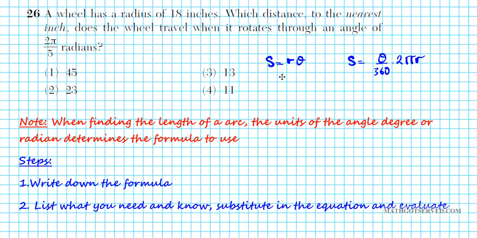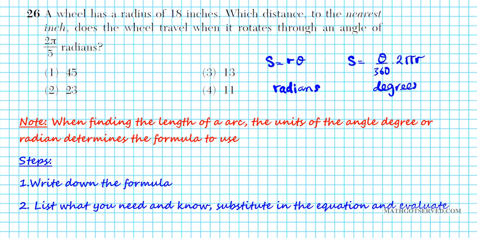All right, this one right here, S is equal to r theta, this is the radian formula. If your angular measure is in radians, as is illustrated in this problem, this is the formula you use. But if it is in degrees, you can either use this formula or you can convert your angular measure to radians and use this formula.